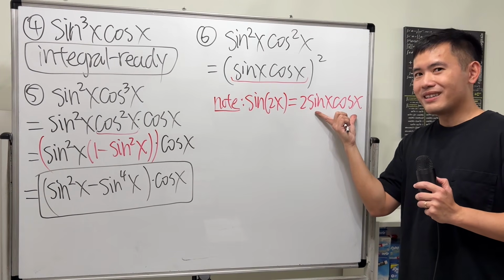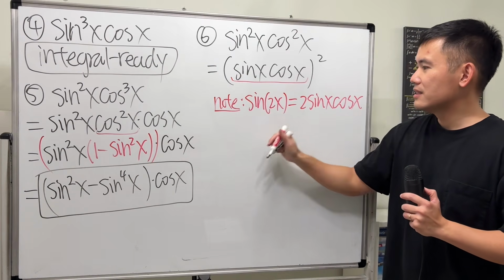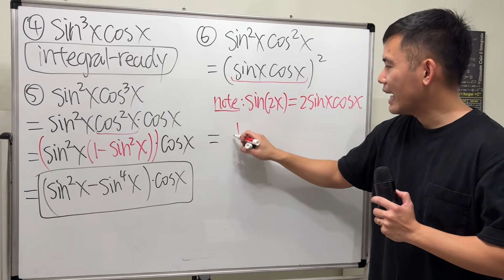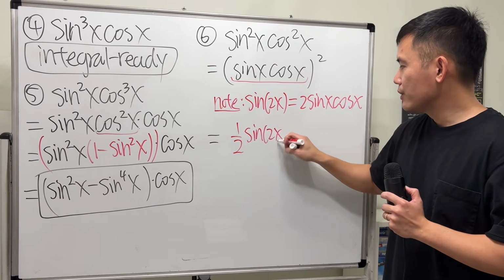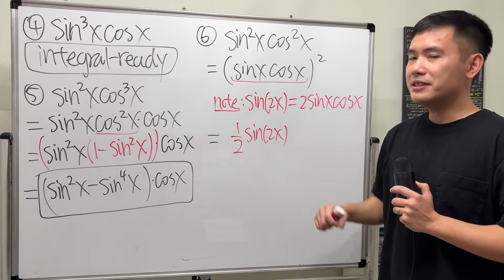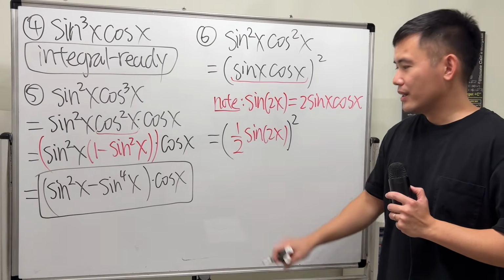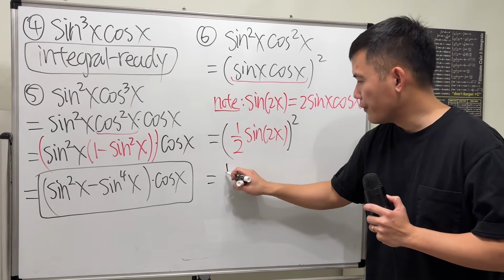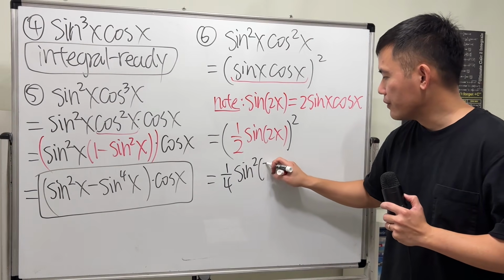Which we see this part. So if we divide both sides by 2, then we can get this being equal to 1/2 of sine of 2x. This is the same as that. And then go ahead and square that, which means we have 1/4, and then this means we have sine square of 2x.